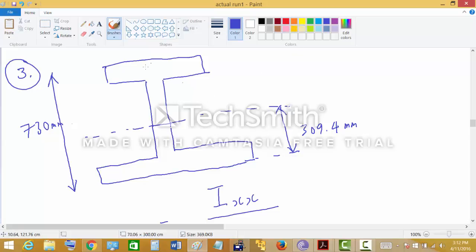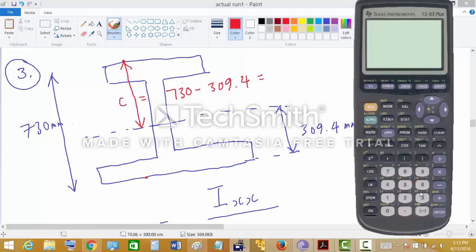For example, you have this surface here on top of the beam, and this is the bottom of the beam here. So whichever distance is further from the centroid, you can see the top distance here is further, so that's going to be C, and that's going to be equal to 730 minus 309, which equals 420.